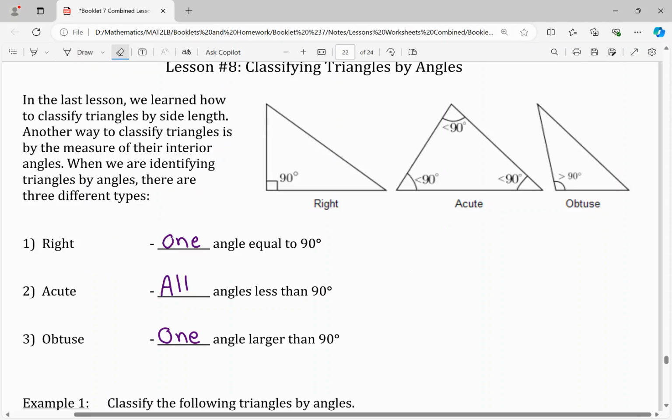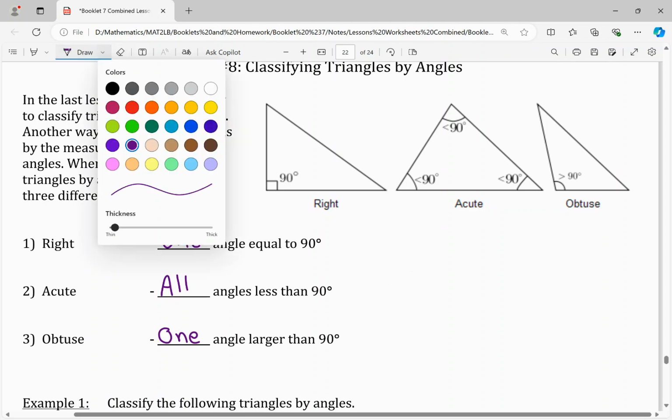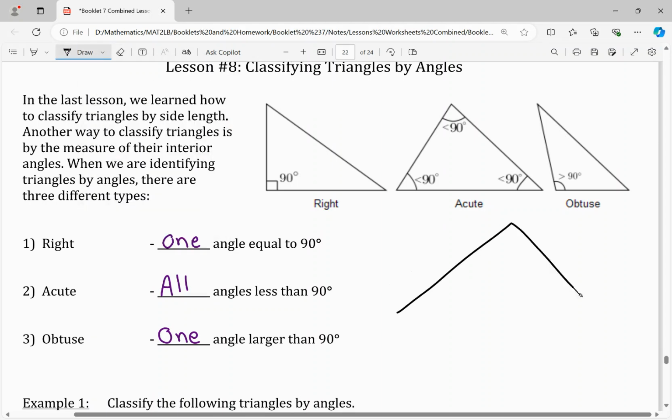So if it's obtuse, it will only ever have exactly one. Right? Maybe your triangle looks like this. Maybe this angle right here is 100 degrees. This angle right here is 30 degrees. And this angle right here is 50 degrees. That would count as an obtuse triangle.